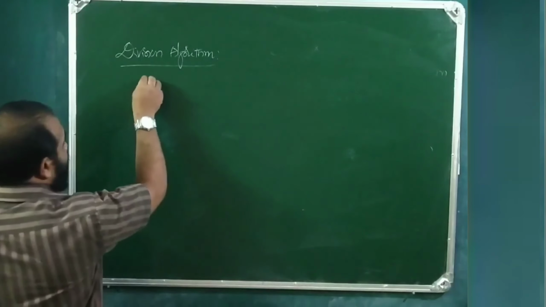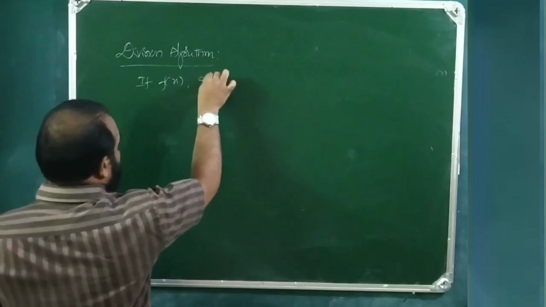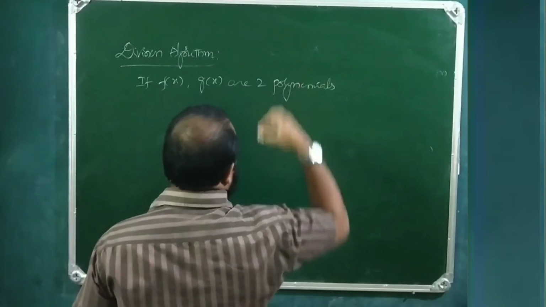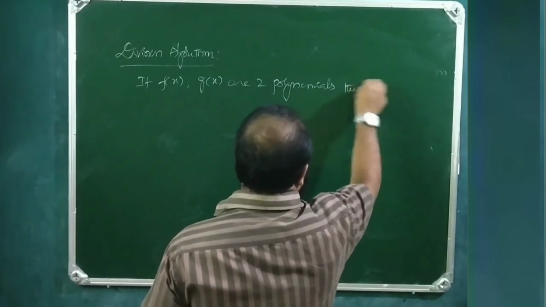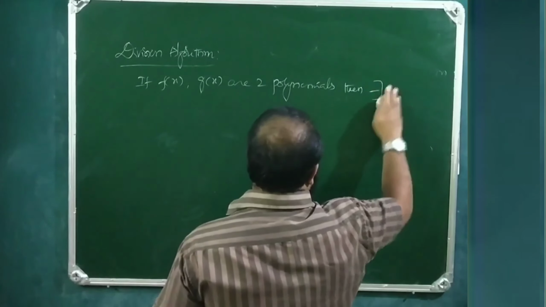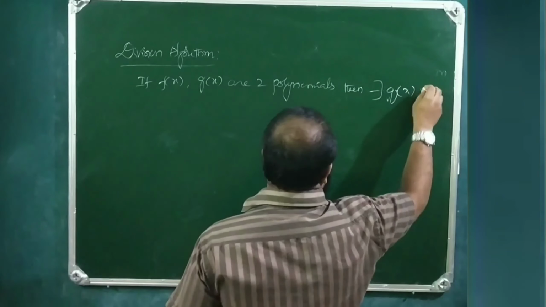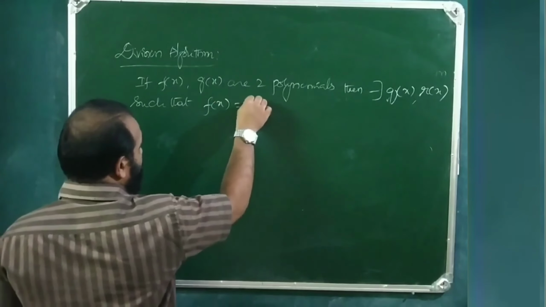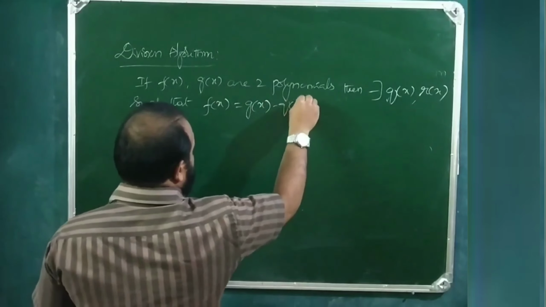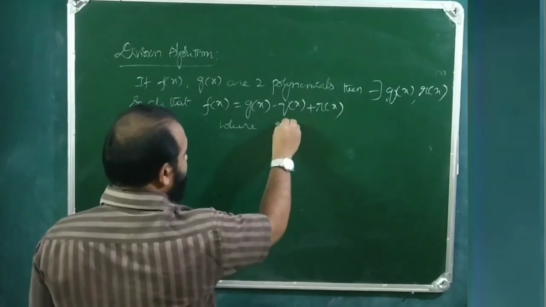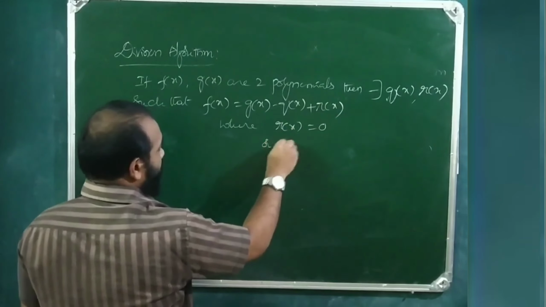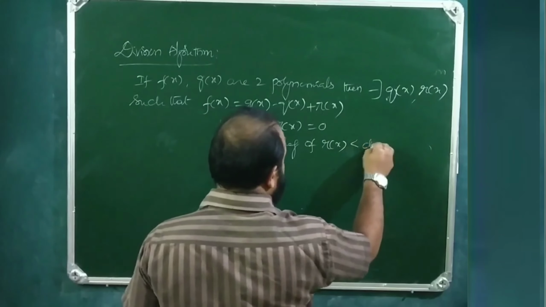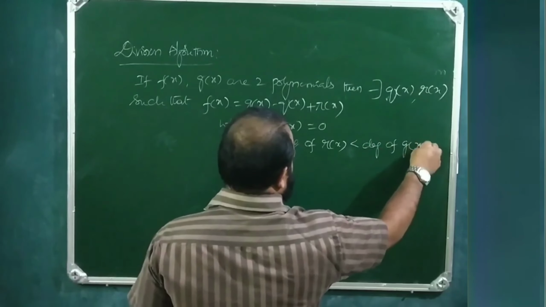So, if f of x and g of x are two polynomials, then there exist q of x and r of x such that f of x is equal to g of x into q of x plus r of x, where r of x is equal to 0, or the degree of r of x is less than the degree of g of x.